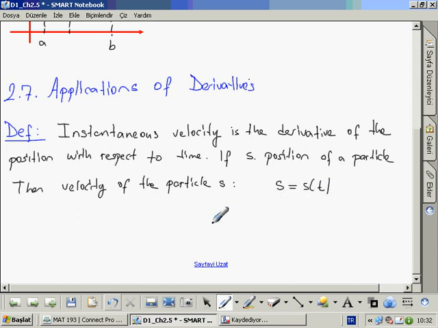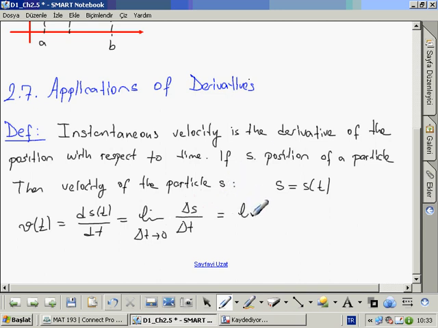The velocity of t equals del S over del t, that means the limit as delta t approaches 0 of del S over del t, which is equal to the limit as delta t approaches 0 of S of t plus delta t minus S of t over delta t.